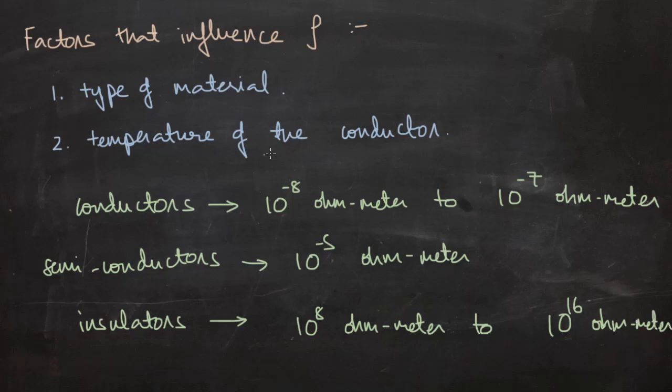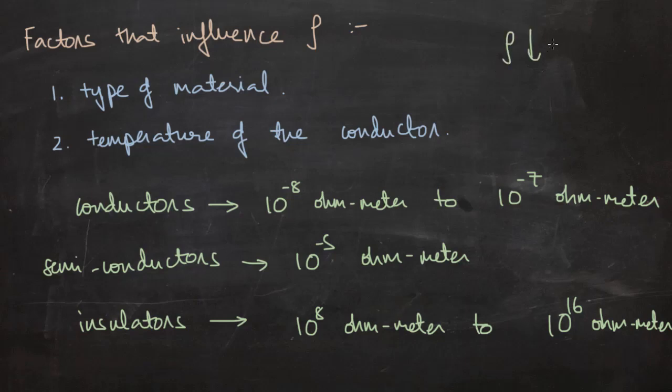If you look at these ranges, conductors start off at 10 power minus 8. This is the least value of resistivity, while insulators have a very large resistivity of the order of 10 power 16. That is nearly 10 to the power of 24 orders of magnitude difference. You can say that materials that have a very low resistivity have a very low resistance.